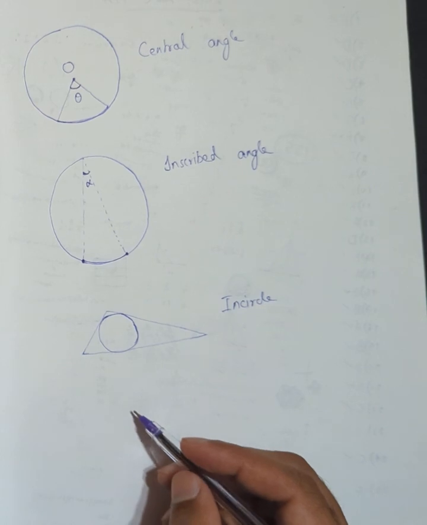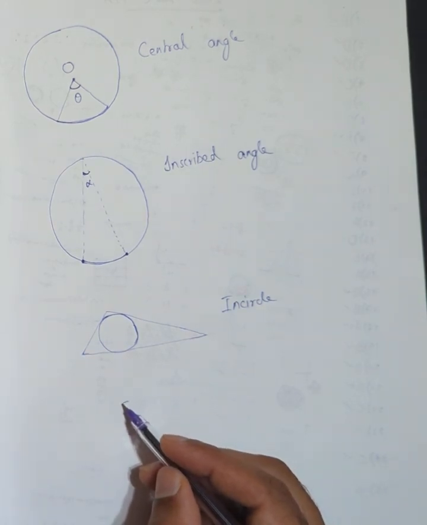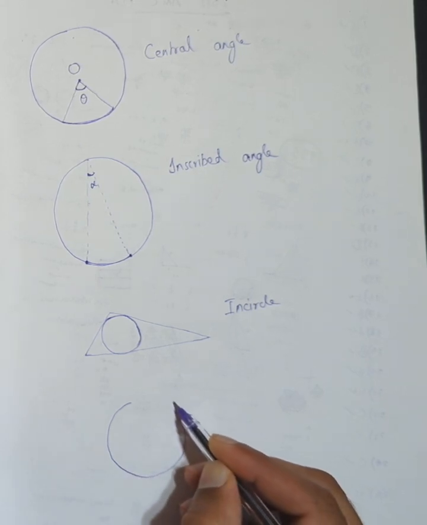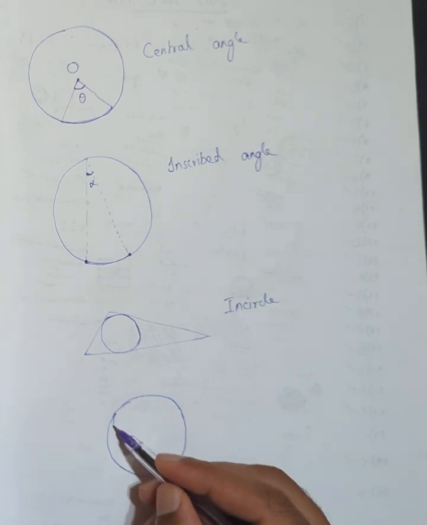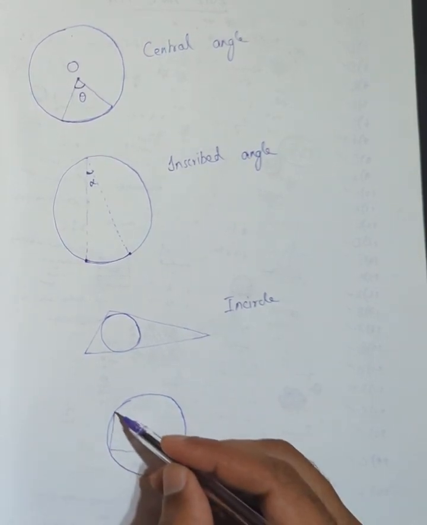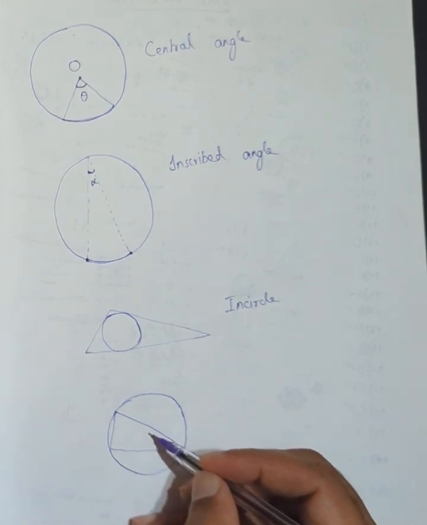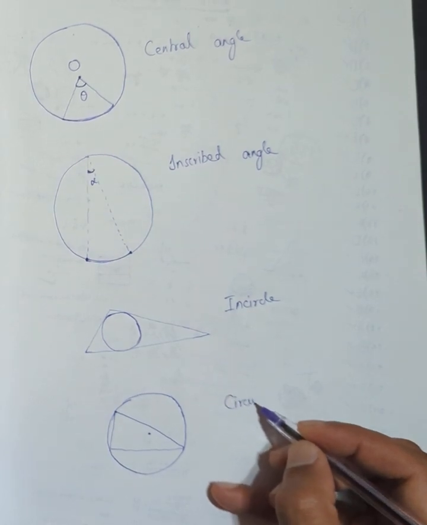Now if a circle is drawn passing through the vertices of a triangle, so let's go ahead and draw the circle first, and then if the triangle is inside the circle, or if the circle is outside the triangle, so let's say this is the center, then this is called a circumcircle.